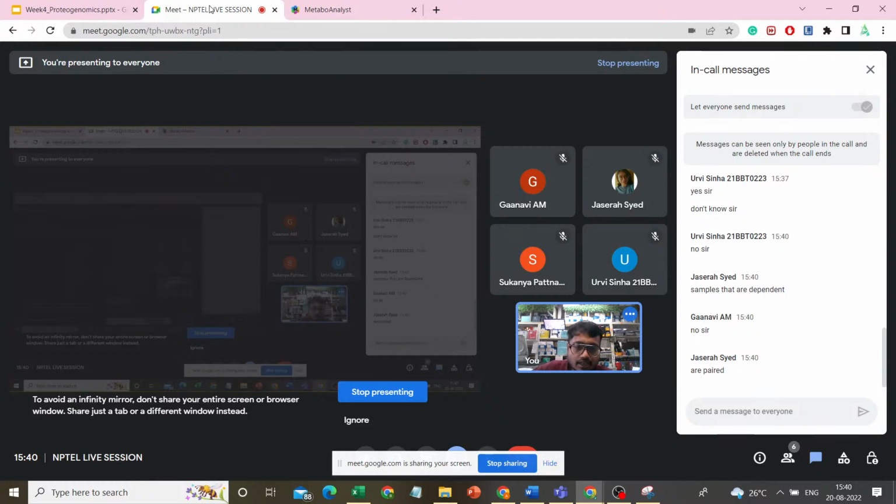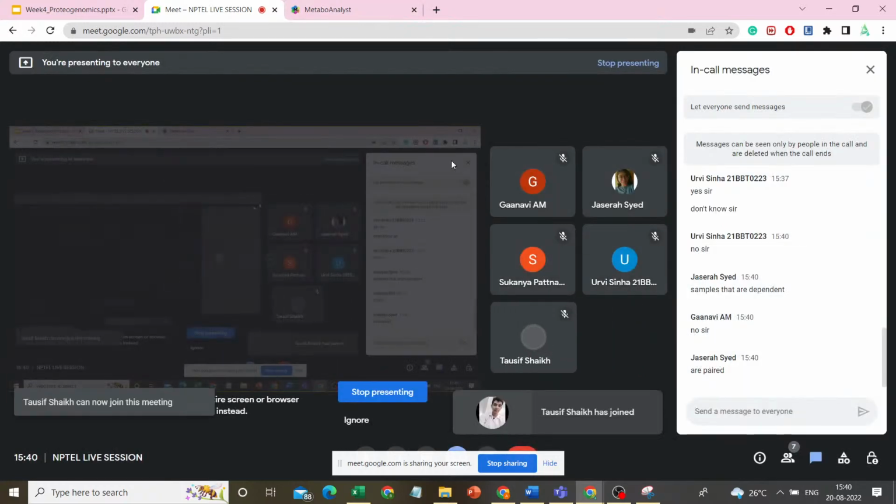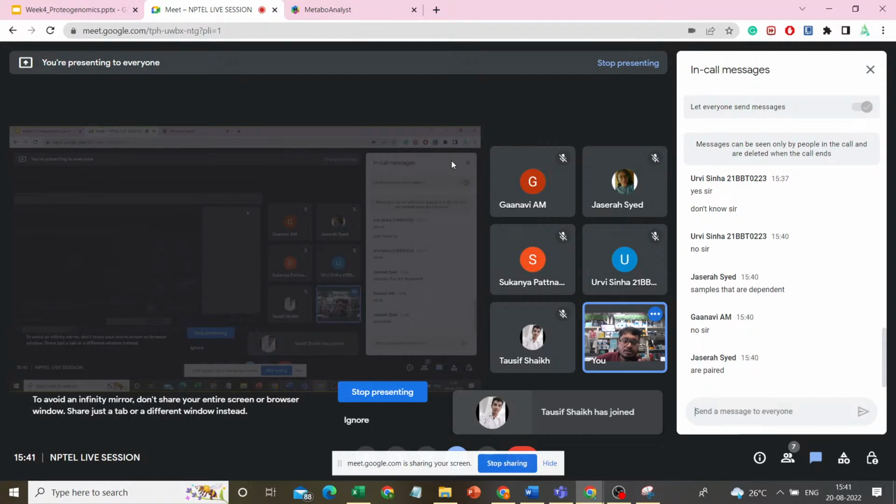So you take the sample and collect the data, and after that you treat that mice with different drugs and then take the data. So the data is from the same subject but two different conditions. Then you generally take it as a paired test.